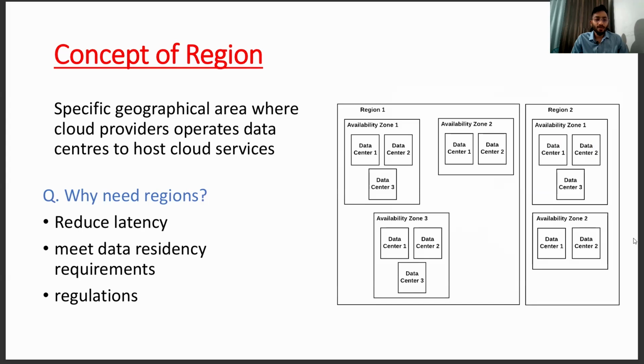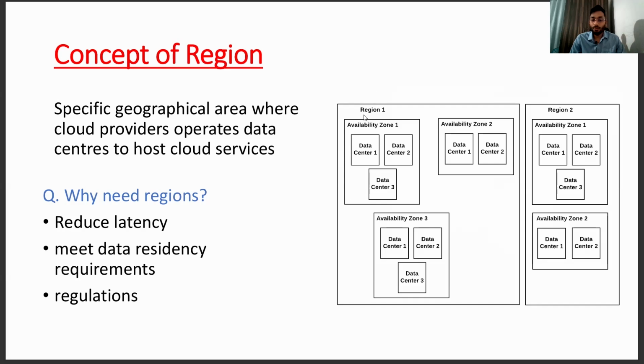Let's understand with this definition. A specific geographical area where cloud providers operate data centers to host cloud services. Basically, it means there's a geographical area which is decided, and from there we have the data centers to store and process the data.